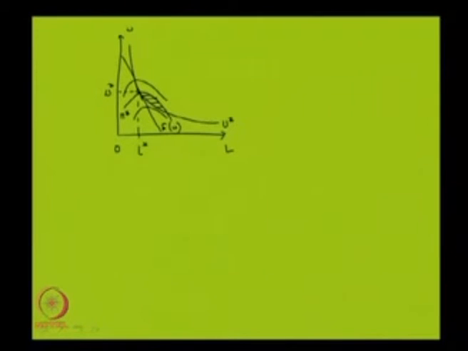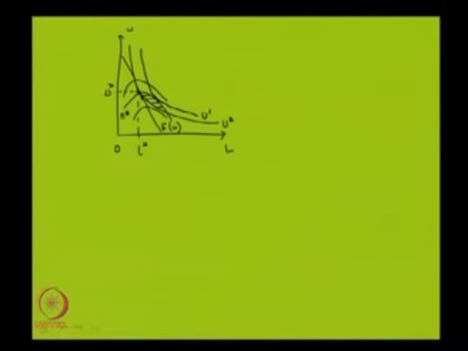But at this point, the union is having a higher level of utility, because this is U dashed, which is a higher level of utility than U star. And this kind of improvement of one player's utility, keeping the utility of the other player constant, is possible for many such points in this shaded region.